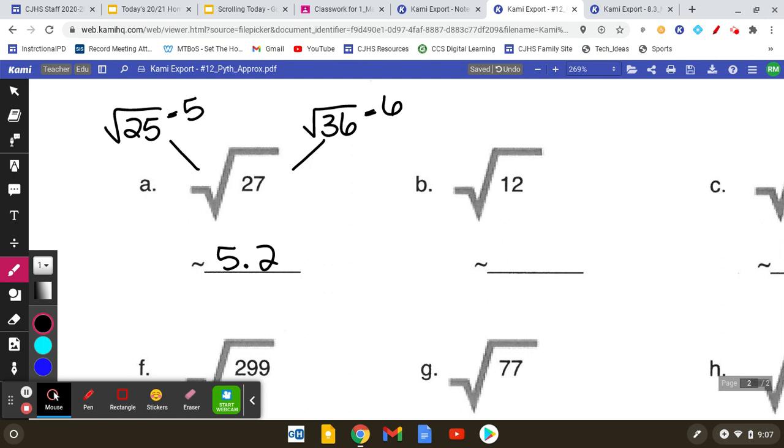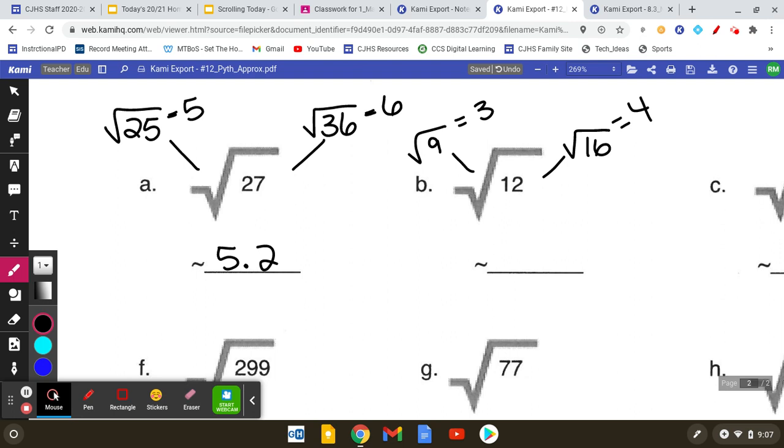Okay. Let's look at square root of 12. Which 2 square roots is it going to be in between? In between square root of 9 and the square root of 16. Perfect. Square root of 9 is actually 3, and the square root of 16 is actually 4. So it's in between 3 and 4.